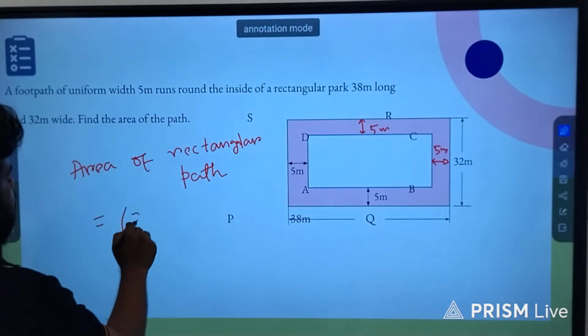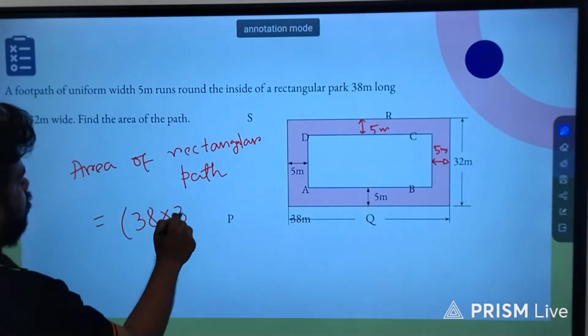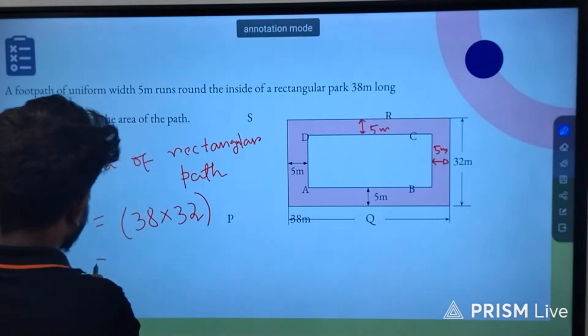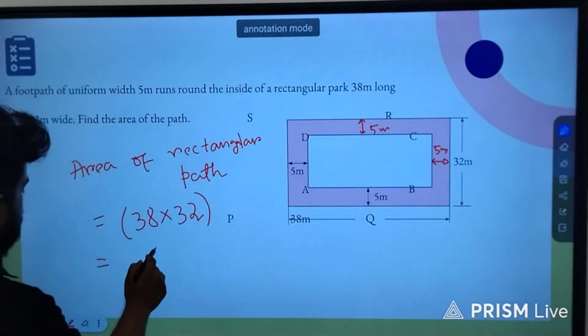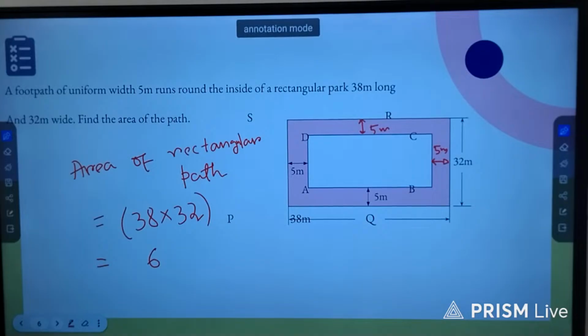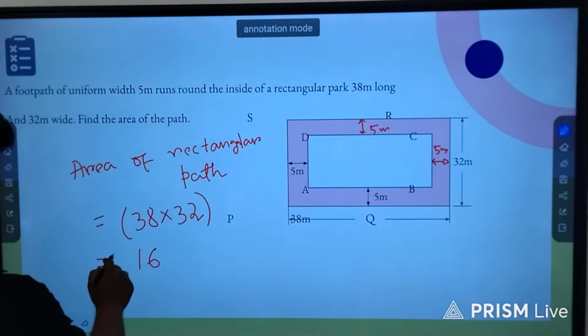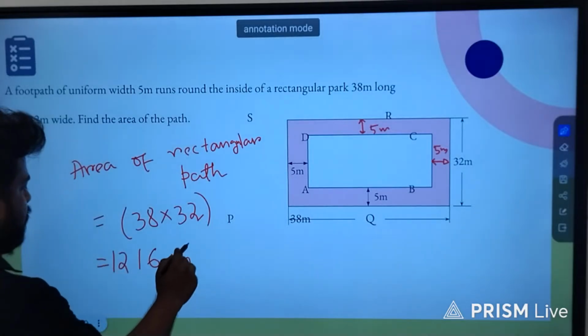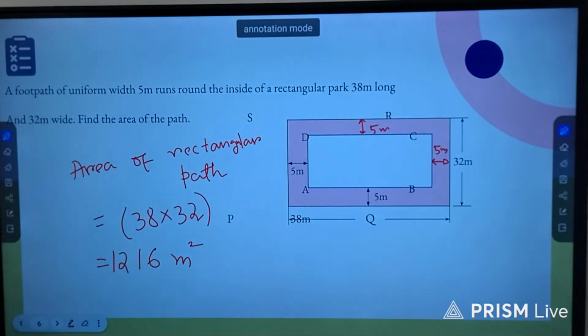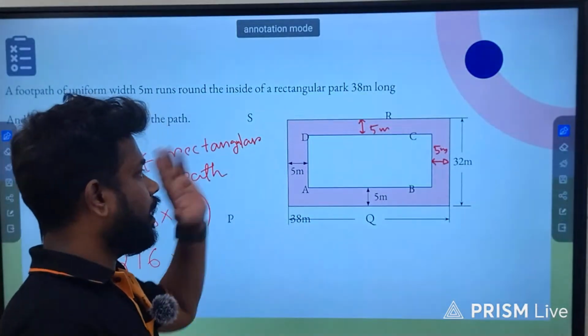That will be 38 into 32. Then you have to multiply this. Yes, this is the complete area of the rectangular park.